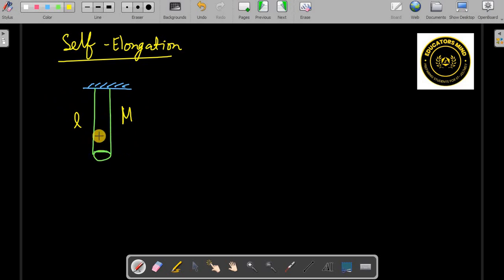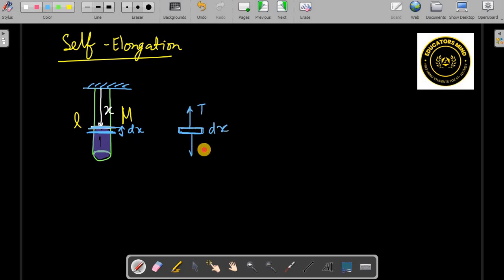So if you consider distance x from this end, at this point, the weight which we can see here, this lower portion, will be stretching, right? So you can take a very thin cross section like this, dx, let us say, and this dx element is getting stretched because of tension.